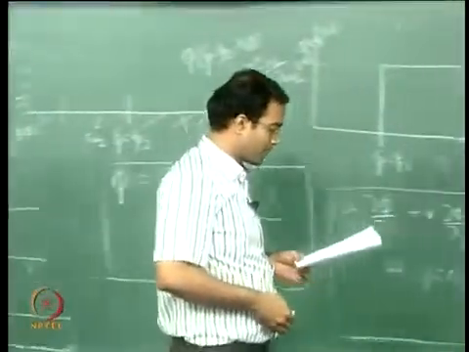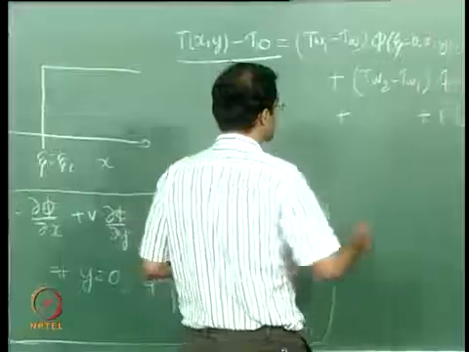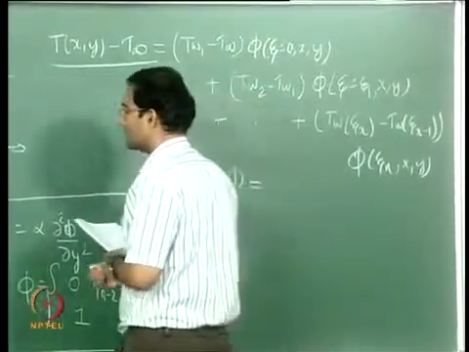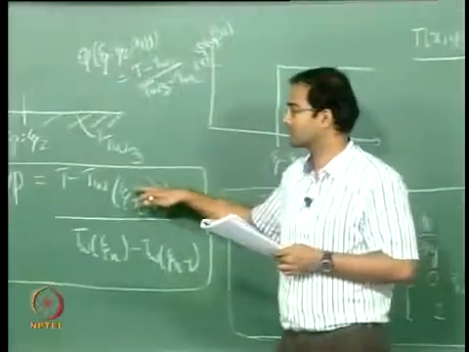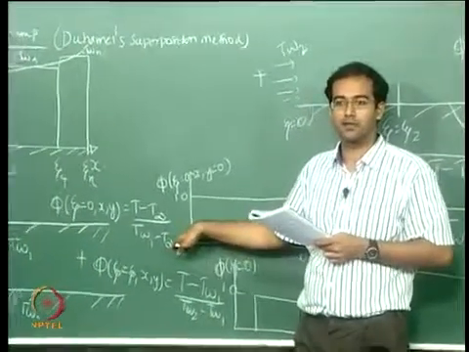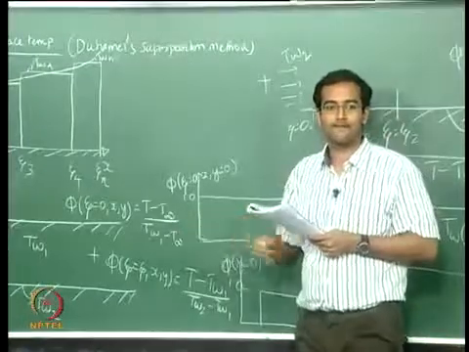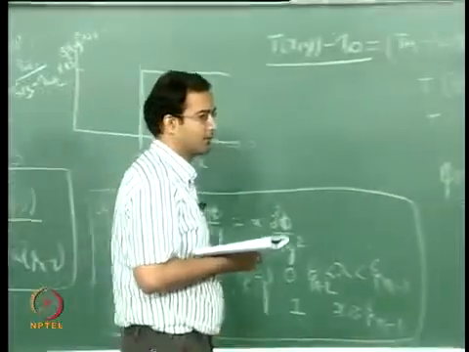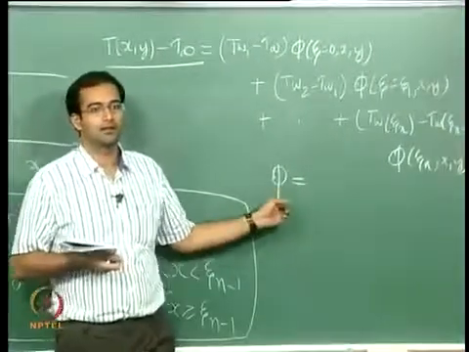Already we have the solution to phi. Phi is T minus T infinity by T wall minus T infinity. Suppose you assume a cubic temperature profile, how can we write phi?